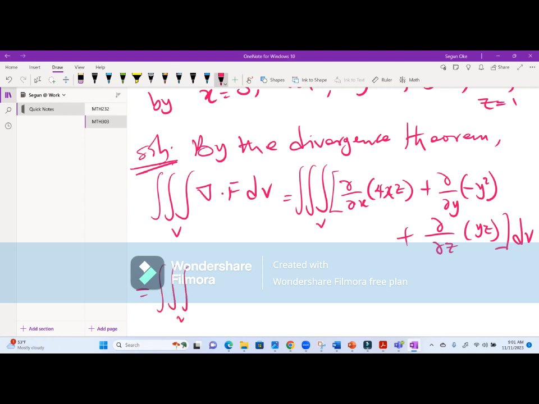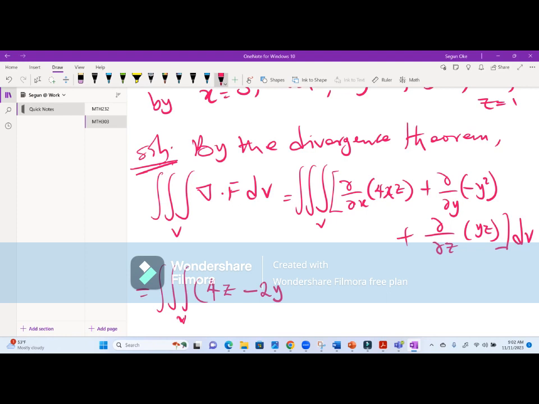Everything dV. So now that we know, we have the triple integral over V. Let's differentiate what is inside here with respect to x. What do we have? 4z. When you differentiate this with respect to y, we have minus 2y.